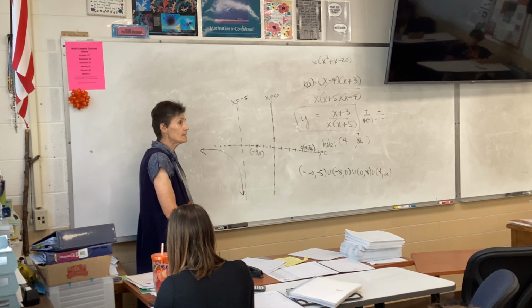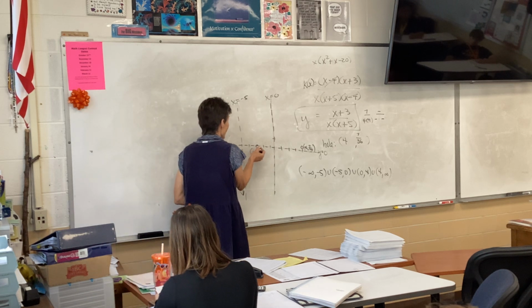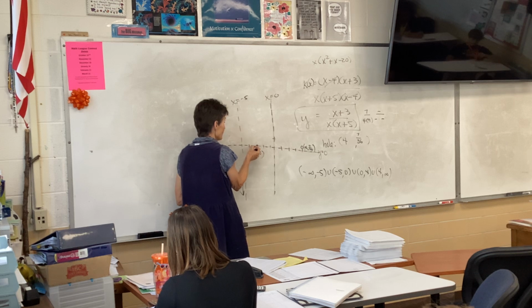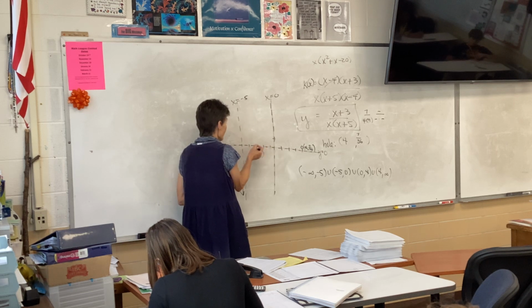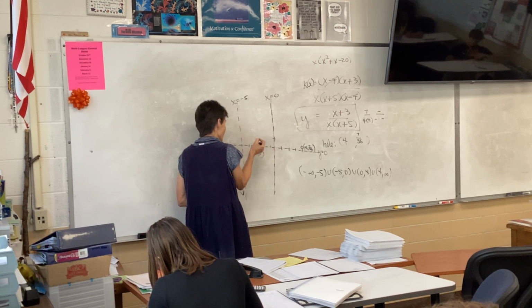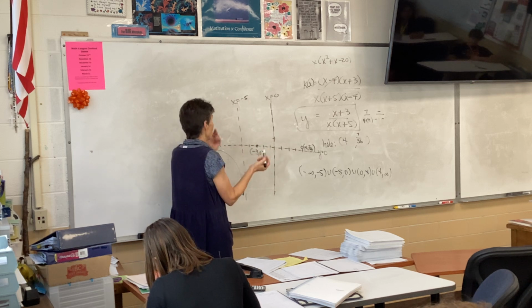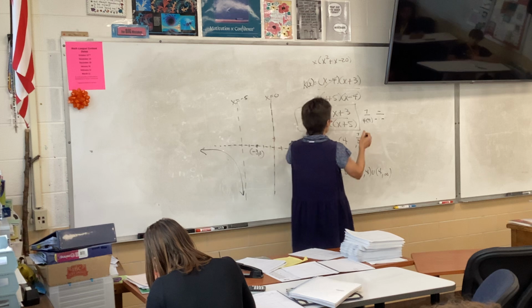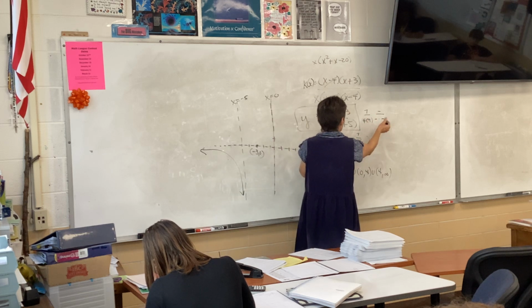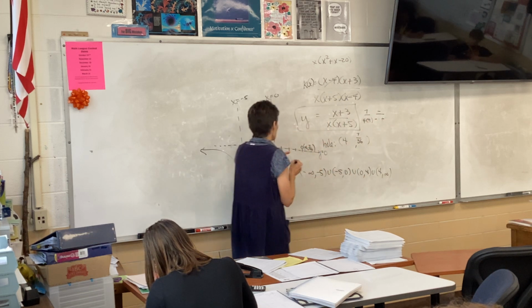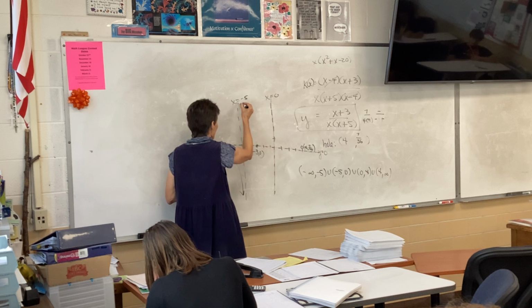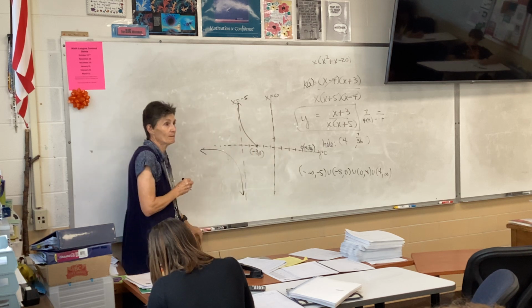I can tell really easily, because if I plug in negative 4 and negative 2, then I will know whether I'm above or below 0. Agreed? So here we go. Negative 4 would be negative, negative, positive. So over here, I'm positive. Does that make sense to everybody?